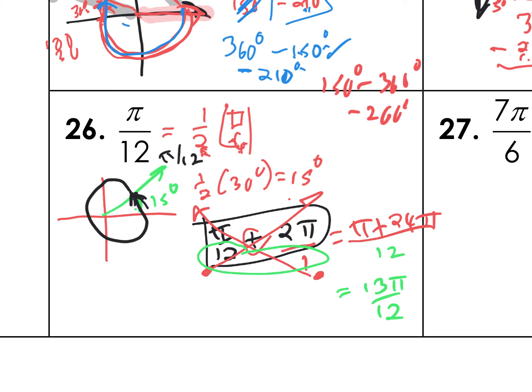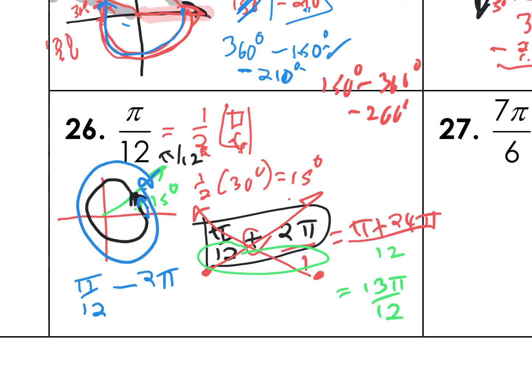So I'm going to try to keep it easy. I'm at a 15-degree angle. To get a negative angle, I would have to go in the negative direction all the way around, and that'll give me a negative answer. So I was at pi over 12, and I'm taking away a whole circle from there, which is taking away 2 pi.